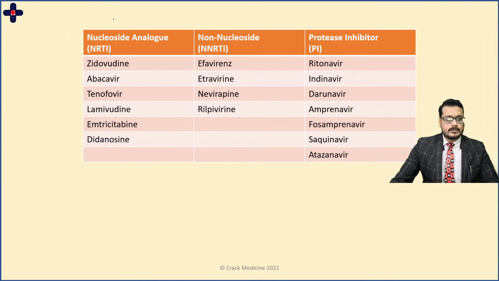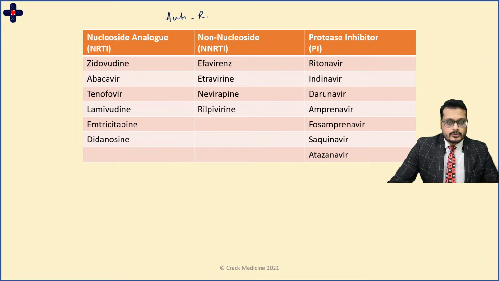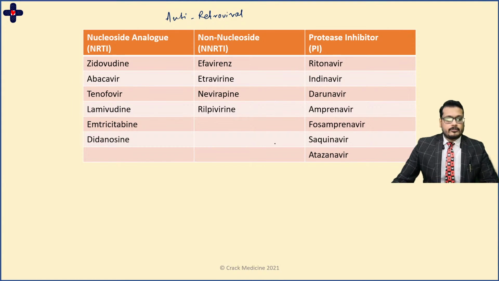Let's have a look at the table. So this is your antiretrovirals table that I have made for you guys. It's very important to go through this. Like I said before, this question can also come up as a part of your pharmacotherapeutics.